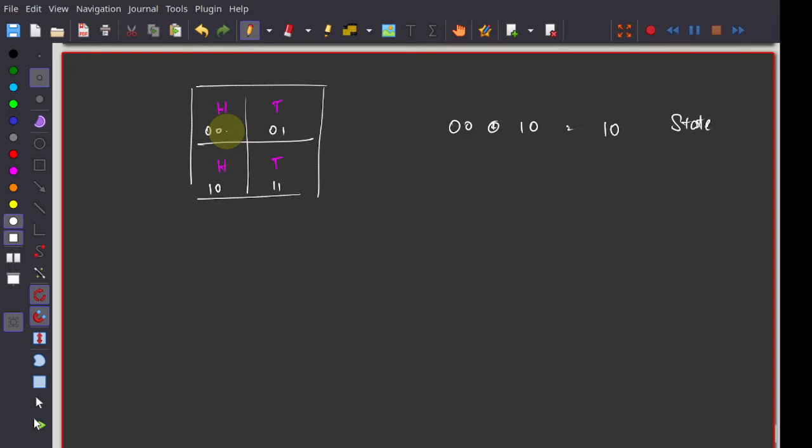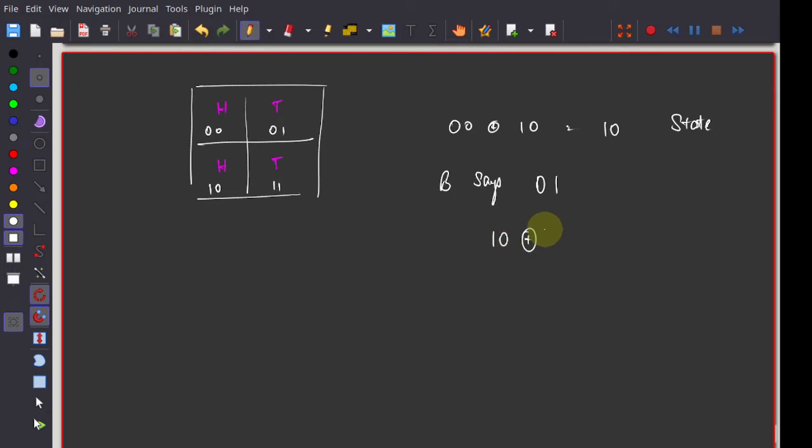B points to this location. Effectively, he says that the cell that I choose is the cell corresponding to 0 1. Now you subtract 0 1 from the initial state.